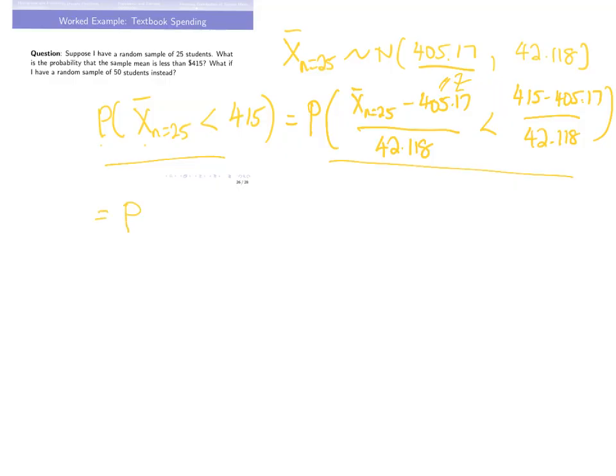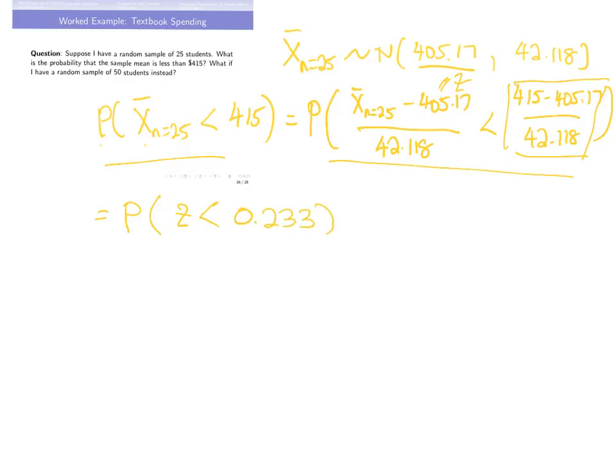So this is basically saying the probability that you have a standard normal distribution value less than this numerical value on the right-hand side of this inequality. If you work it out, this should work out to be 0.233.